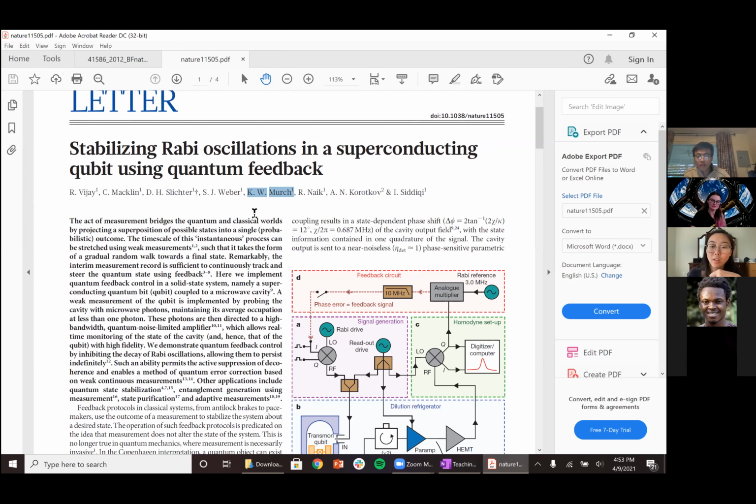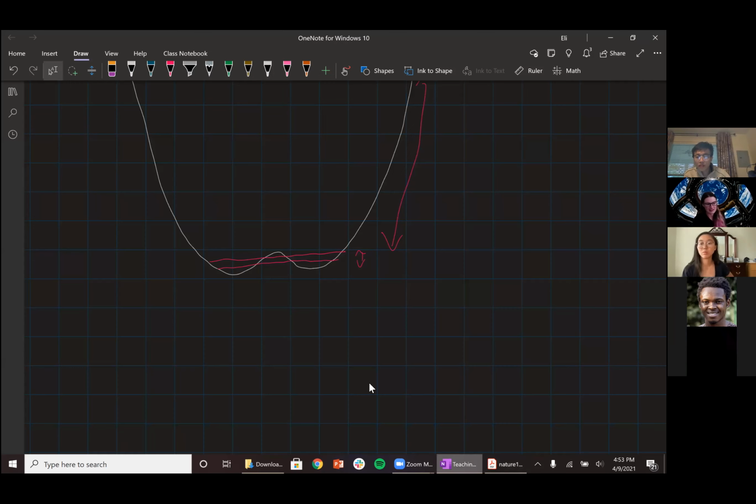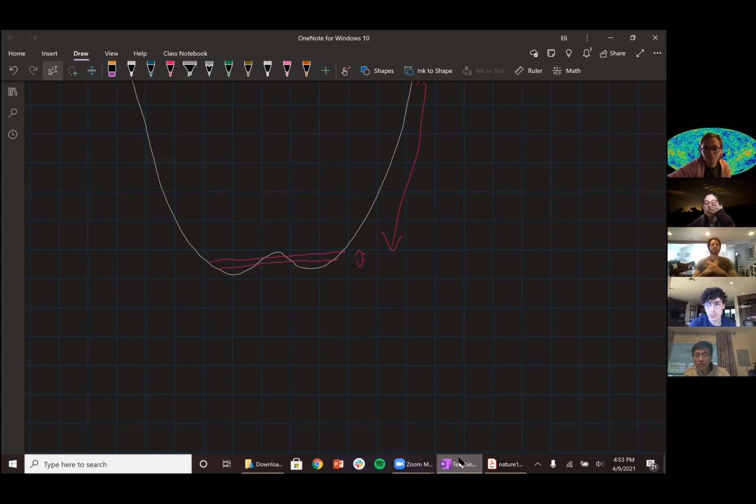Wait, Eli? Yeah. I think Katie had a question. Oh yeah, sorry. How did they figure out that it's less sensitive if you measure it while it's trying to line up? That just seems like, was that just trial and error? No. Think about it this way. Let's say you're trying to measure a magnetic field that's pointing in an arbitrary direction, and you're trying to measure the field strength, but you don't know what direction it's pointing in.